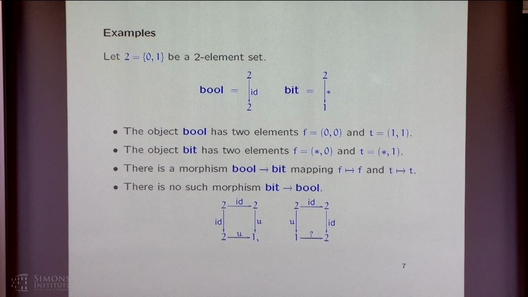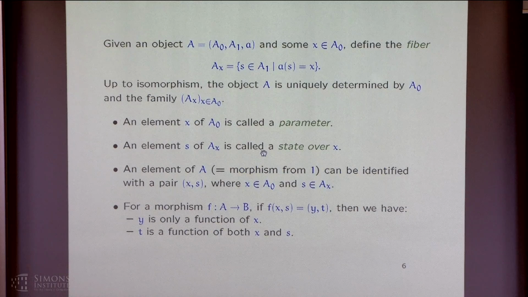Okay. So I think on the slide I have, but I didn't say: we say a generalized element of this object is just a pair of a parameter and a state, such that the function applied to the state is equal to that parameter.